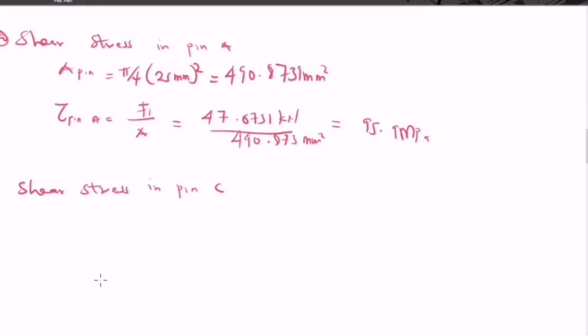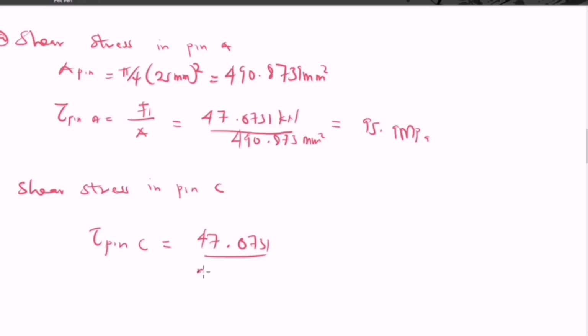So with C, when we resolve the C, our answer for the reaction force at C was 47.0731 kilonewton. So in that case, when you are finding the shear at C, you're going to have it to be 47.0731 all over, since C is a double shear connection, right?